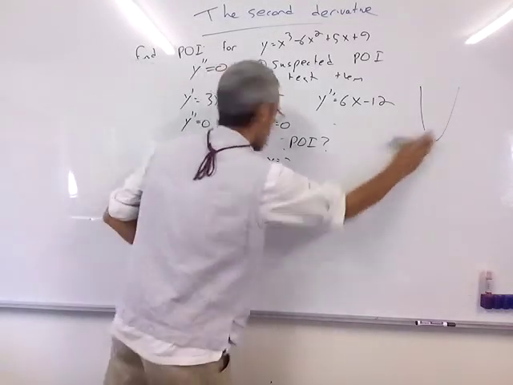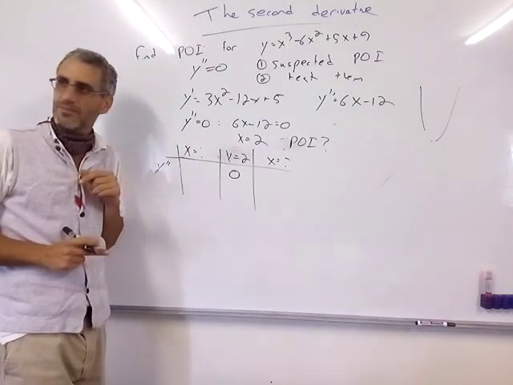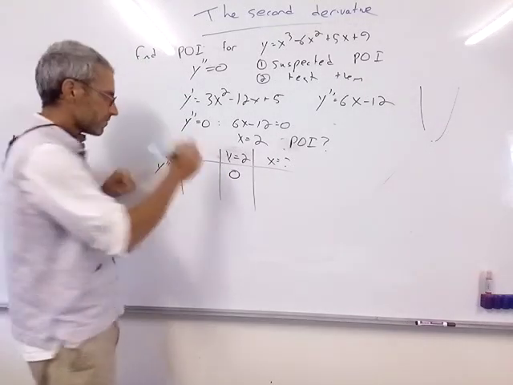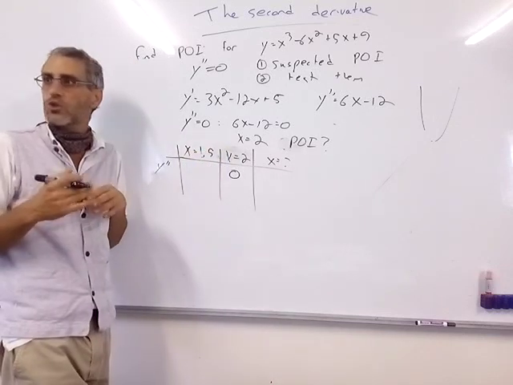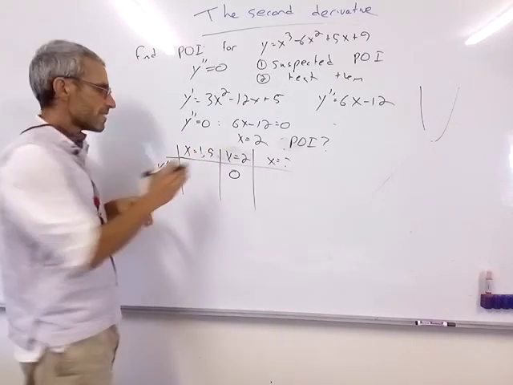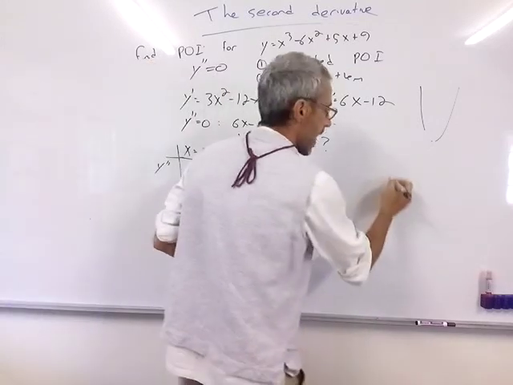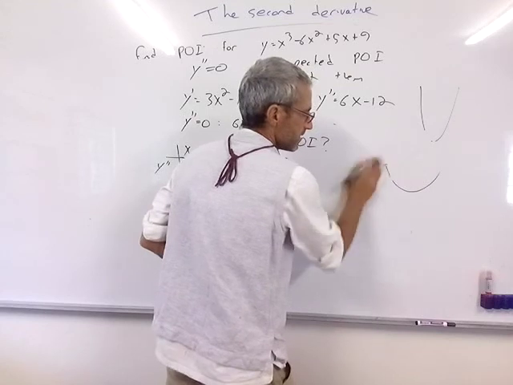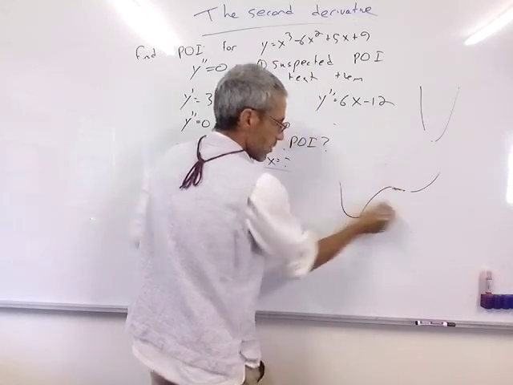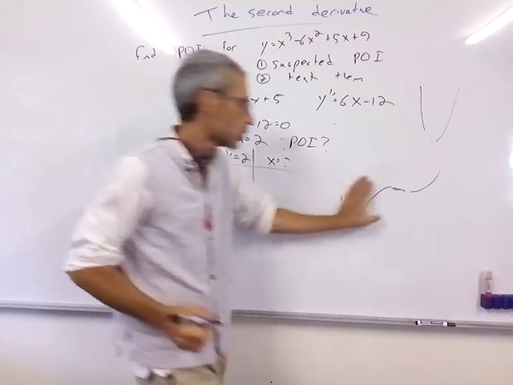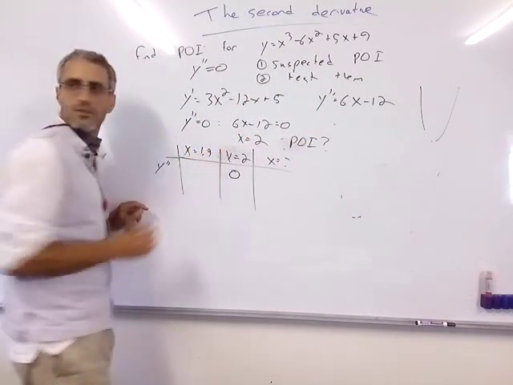So give me a point close to 2, but on the left side. 1.5, okay. But we want to be as close as possible. If I put 0, it's too far away, and we might have had a point of inflection here but then went too far. So I would even do 1.9. As close as possible.